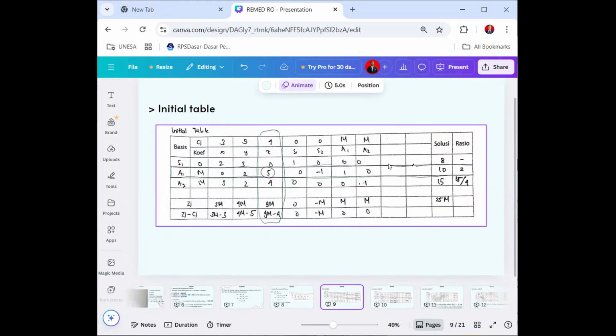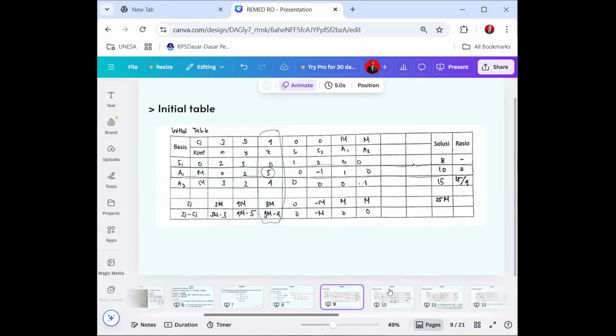So this row becomes the K row, and the intersection between the K row and K column becomes the K cell, which is in Z. So the basis in the K row will be replaced by the Z from the K column, like that.